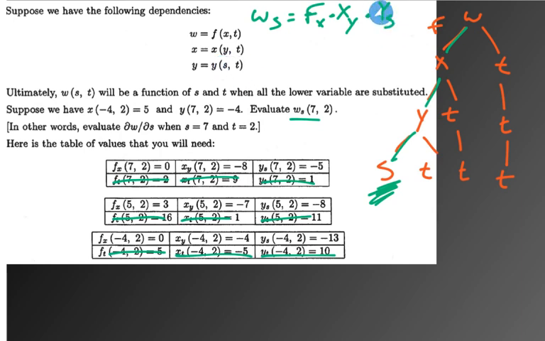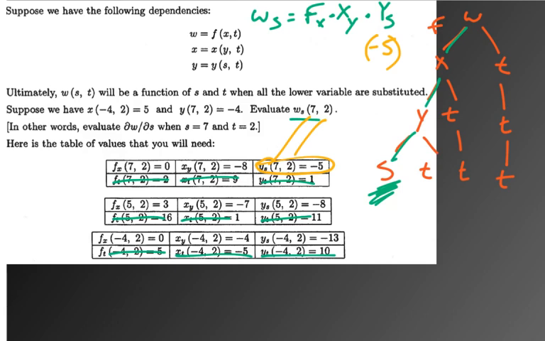So this partial of y with respect to s needs to be the 7, 2 one, right? We've got these extra things, 5, 2, -4, 2. We want specifically that one, right? Because the letters match up, 7 and 2. So we're like 1/3 of the way there, basically.